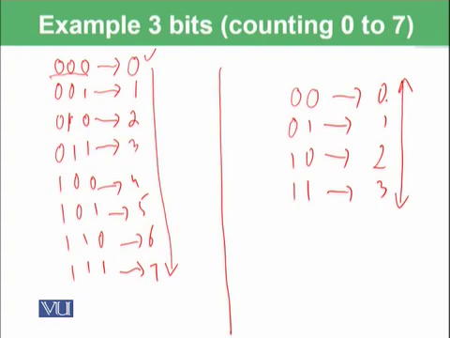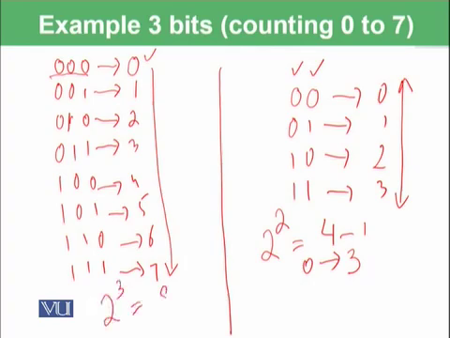Whatever the number of bits we have, for example with 2 bits, we can represent 2 raised to power 2, which means 4 numbers, and the numbers would vary from 0 to 3, which means 4 minus 1. So the maximum number represented is 3, starting from 0. Similarly here, 2 raised to power 3 is 8, so 8 numbers can be represented, and minus 1 means from 0 to 7. If we count numbers from 0 to 7, those would be 8 numbers.